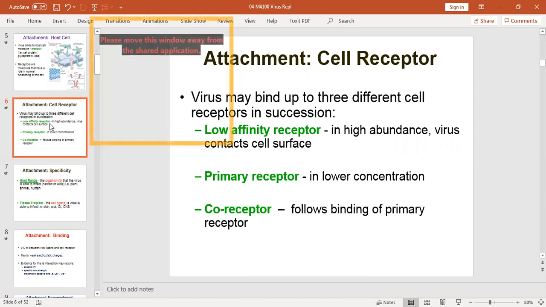The second type is the primary receptor, which in contrast to the low affinity receptor has lower concentration on the host cell surface. And lastly, there is the co-receptor, where binding of the viral ligands to the co-receptor follows binding of the primary receptor. So these 3 types of receptors are low affinity receptor, primary receptor, and co-receptor.